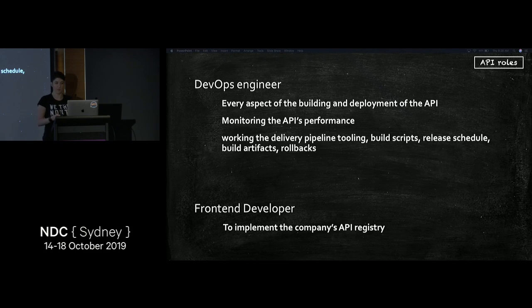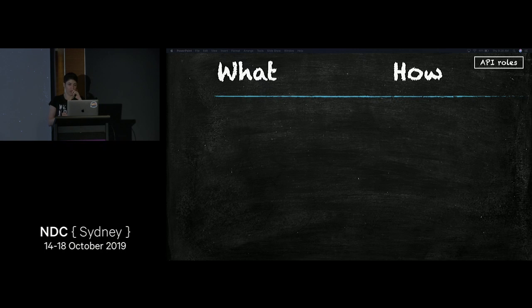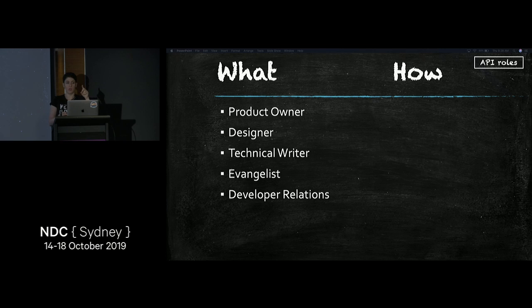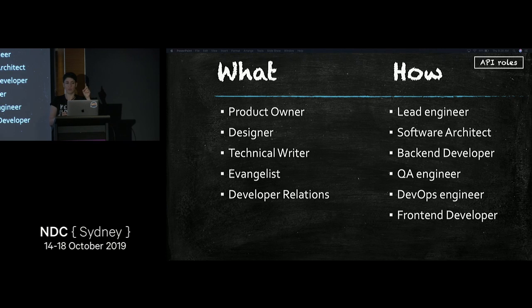That's why front-end developers are required. So we said what, how, right? Here you can see by the roles that we said which one is more focused on what, or has more impact on the what of the API, and which ones are more on the how of the API.